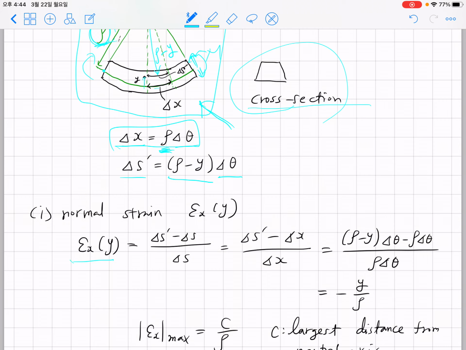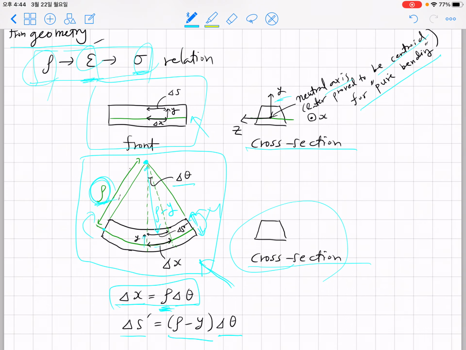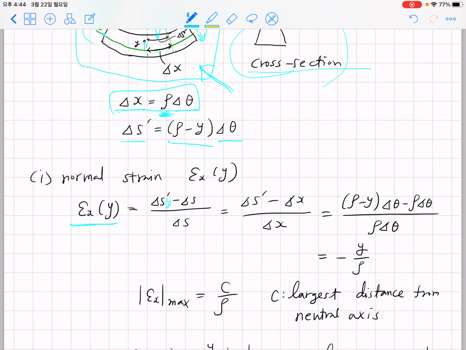So epsilon x can be written as delta s prime minus delta s, divided by delta s. Delta s is the original length before the deformation, and before the deformation delta s used to be the same as delta x. So instead of delta s, we put delta x here.